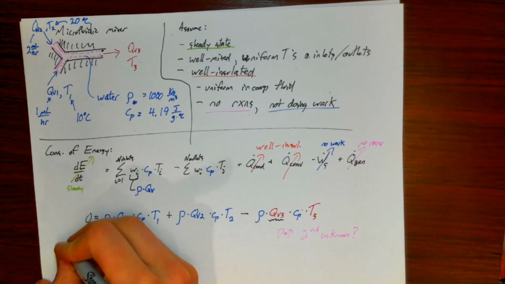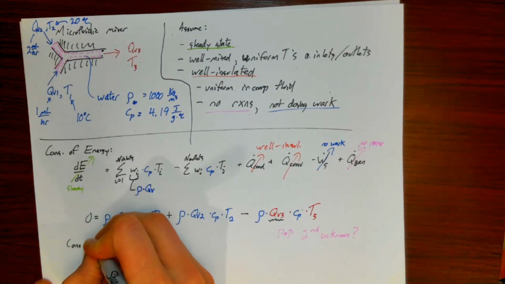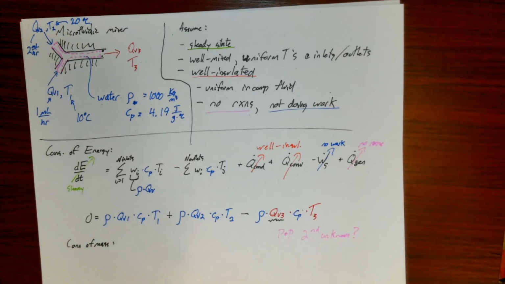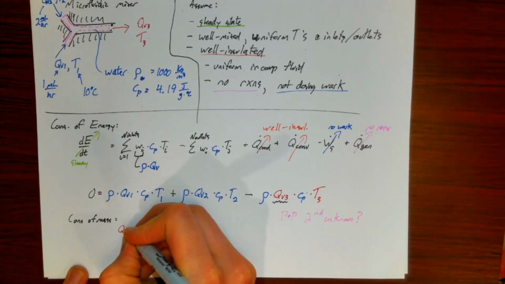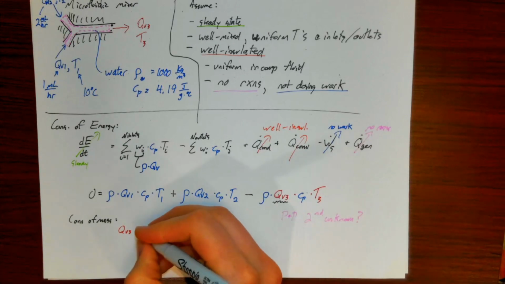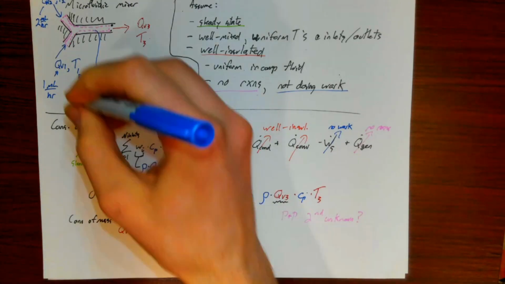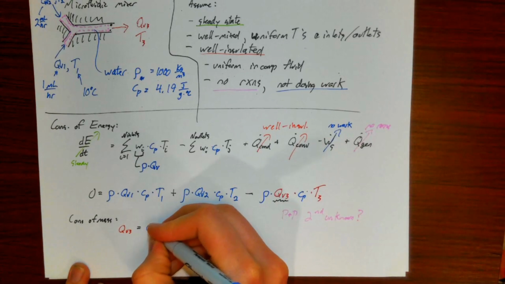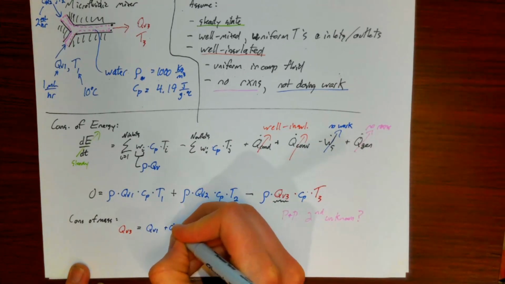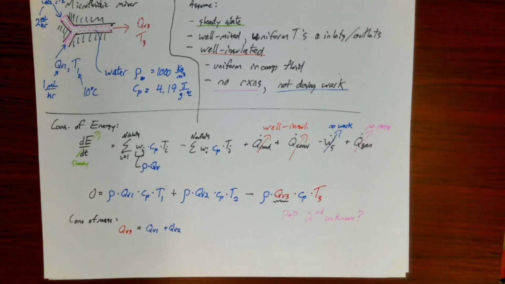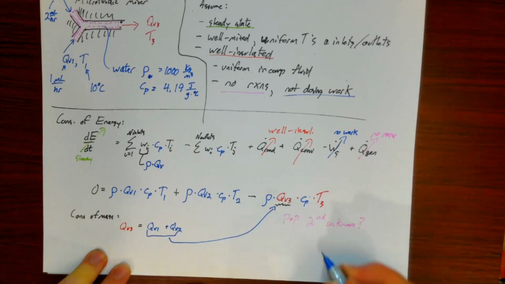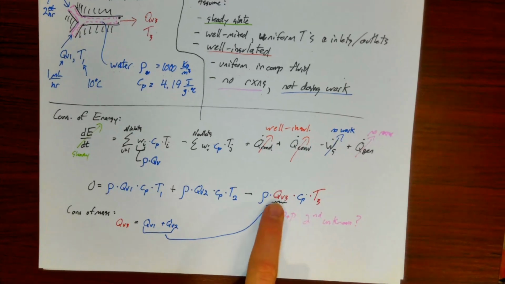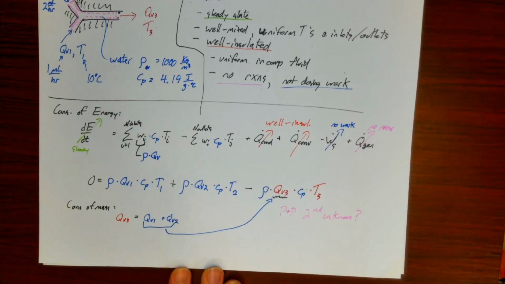Conservation of mass would tell me, and I'm going to skip the details because you can go back and do it yourselves, that the volumetric flow rate out is equal to the sum of the 2 volumetric flow rates in. Then we can plug this in right here, and we have 1 equation and 1 unknown.